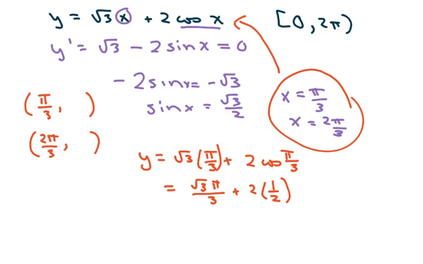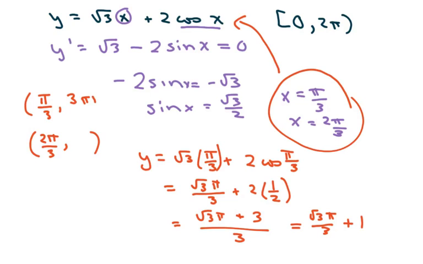Since that equals 1, I can write this as square root of 3 pi plus 3 over 3. You can write it like that, or you can write it like square root of 3 pi over 3 plus 1.